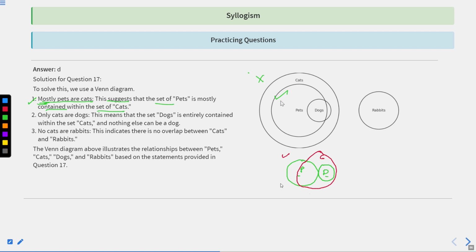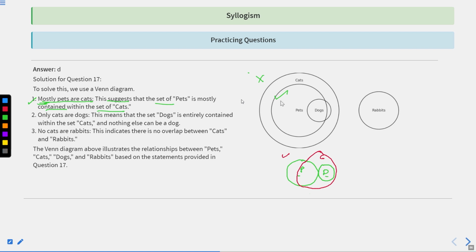So that is why we will be drawing the Venn diagrams and we will try to understand whether this particular statement can be concluded in such a manner that since the cats are having both pets and dogs, will there be any overlap or not between the pets and the dogs? It can only be inferred if there would have been any statement which is really in relation to pets and dogs.